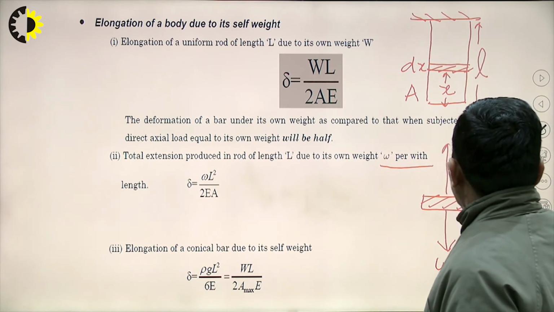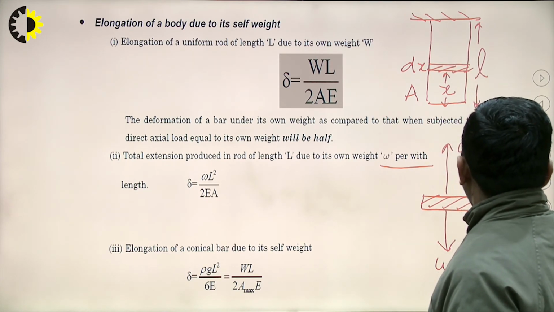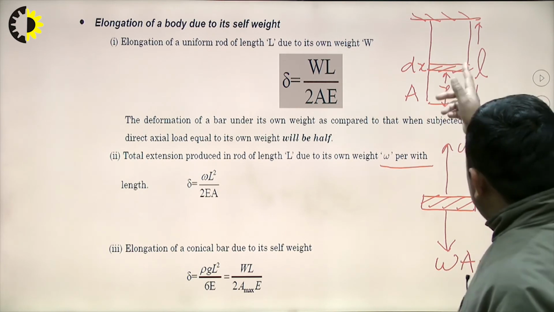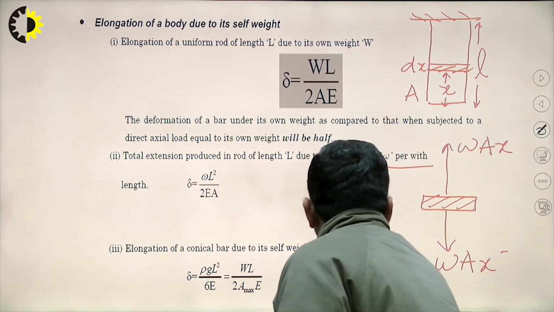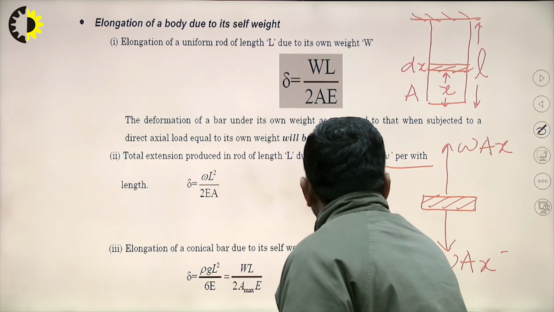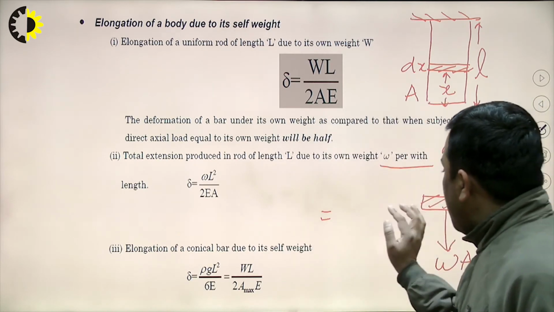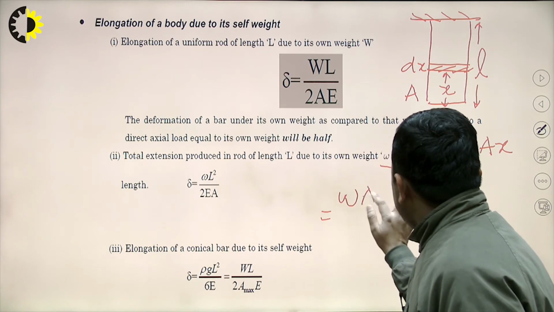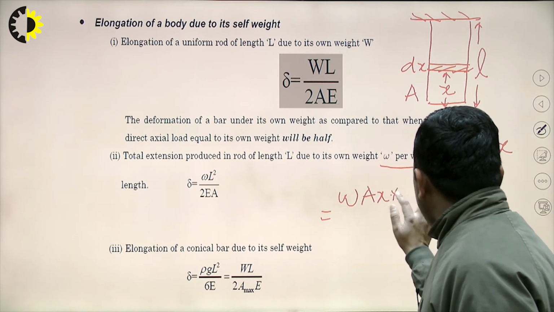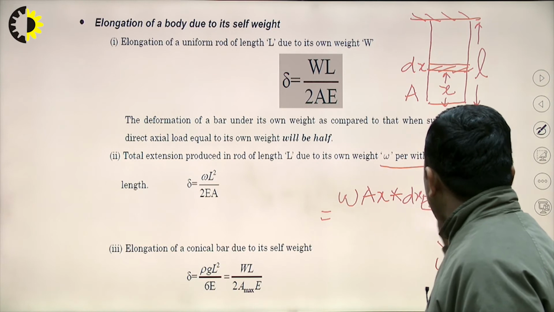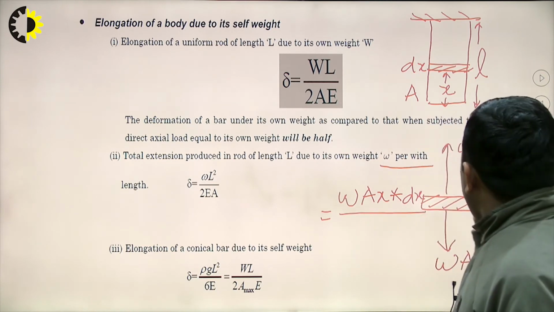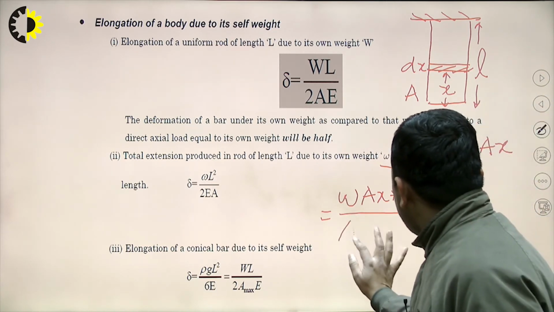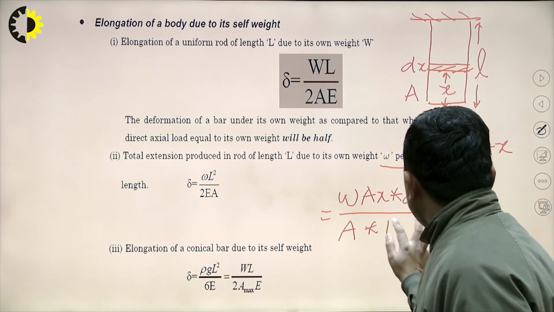Obviously, on the other side also it will be W A x. So the elongation of this, in terms of P L upon A E: in place of P I can write W A x, in place of L I can write dx, A the area, and E.